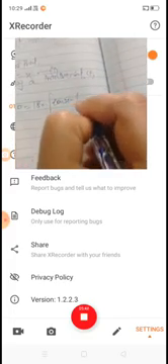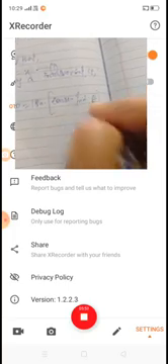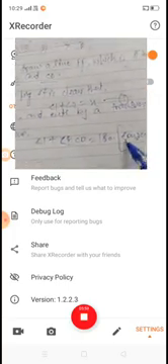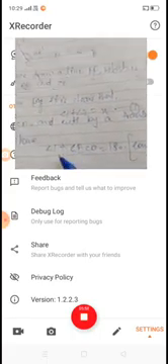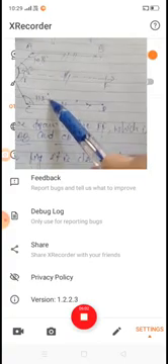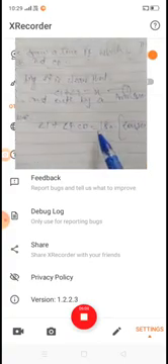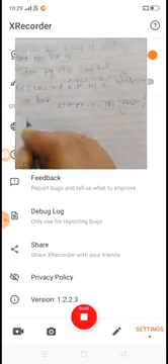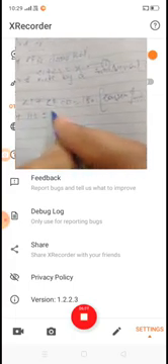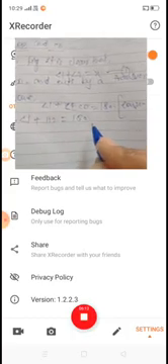Because these are the consecutive interior angles, and we know that the consecutive interior angles are supplementary, so their sum of measures is 180. Angle 1 plus angle ECD, that is 112, is equal to 180.